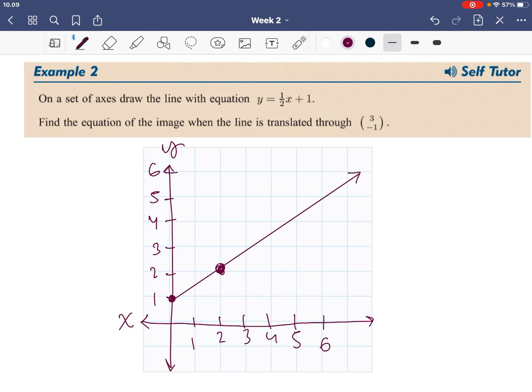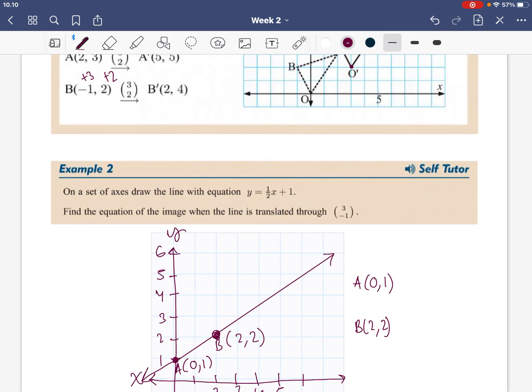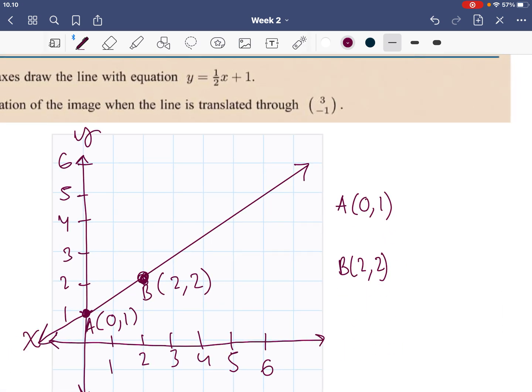Okay. It says translated through 3 and negative 1. So what I'm going to do, I'm going to label the points that I have. That's 0, 1, and then 2, 2. Okay, so I'm going to call this A and then B. If A is 0, 1, and B is 2, 2, and we're translating, so this is how you would write it.